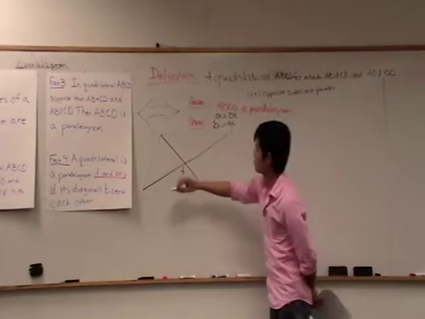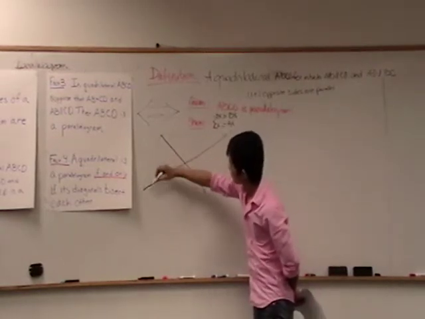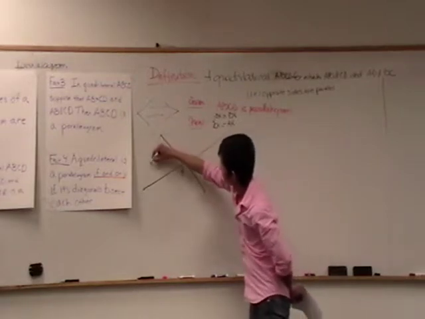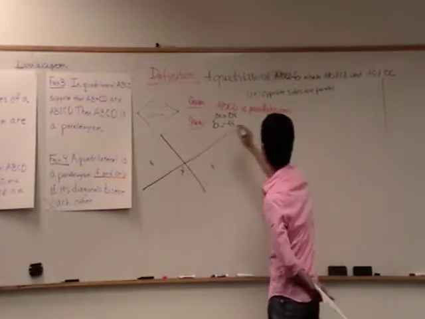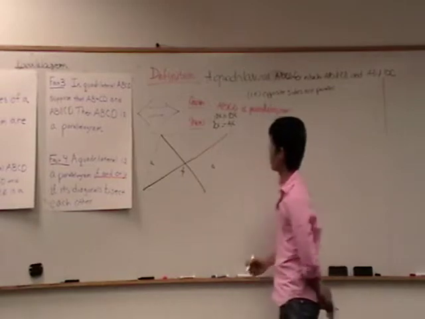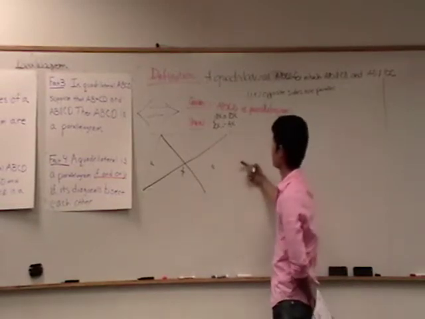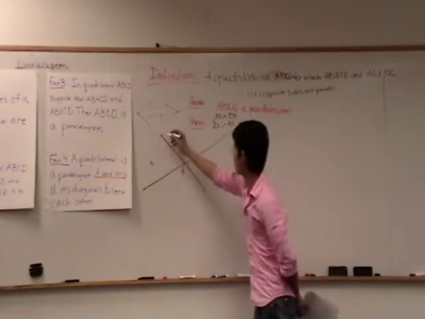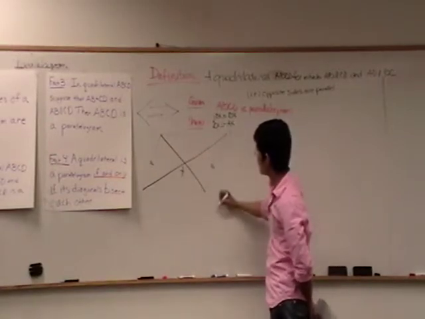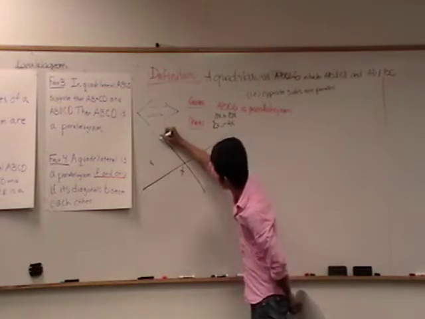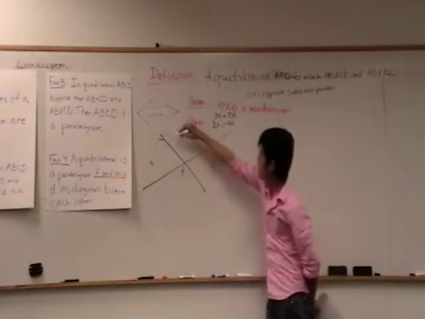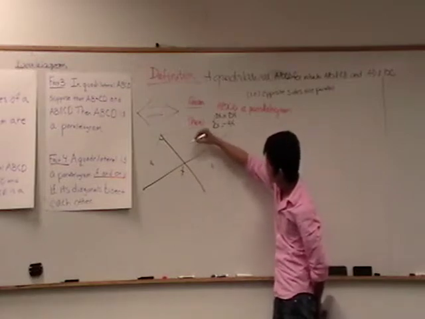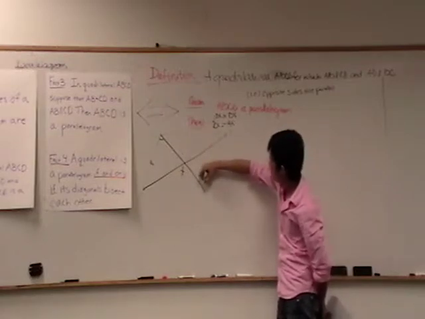First thing, AD equals BC, because ABCD is a parallelogram. And AD is also parallel to BC, so we have the angle DAC equal to the angle ACB.